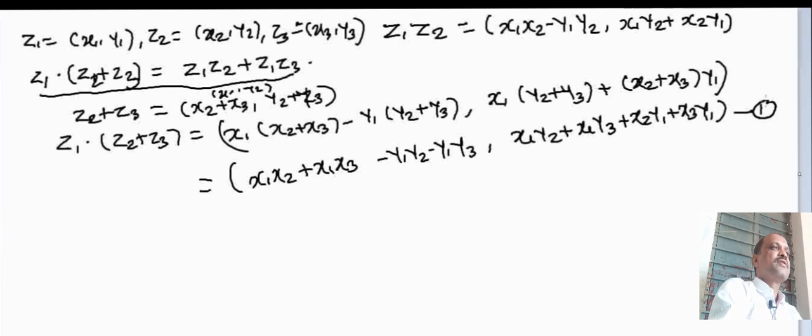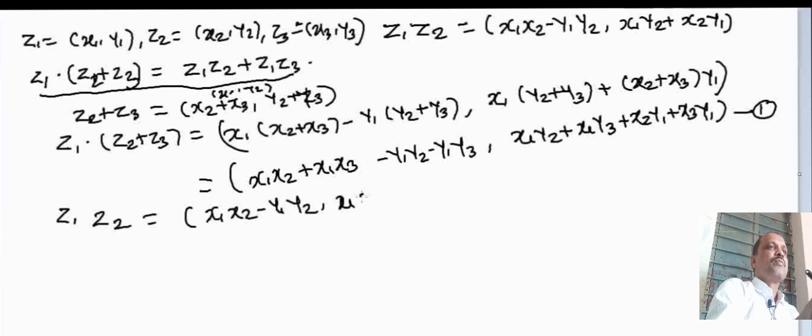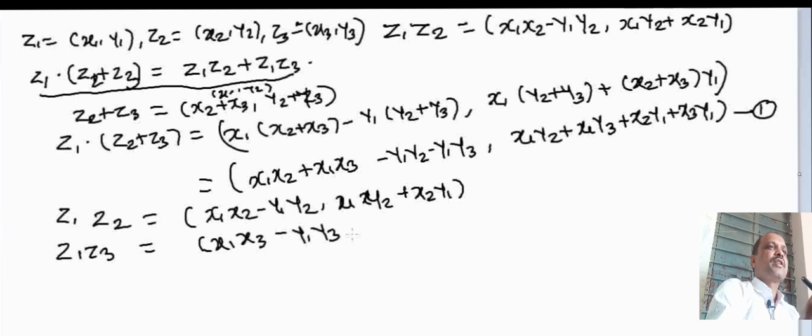Now, let us take z1 into z2. We already have this number: (x1 x2 minus y1 y2, x1 y2 plus x2 y1). Now, z1 into z3 equals (x1 into x3 minus y1 into y3, x1 into y3 plus x3 into y1).